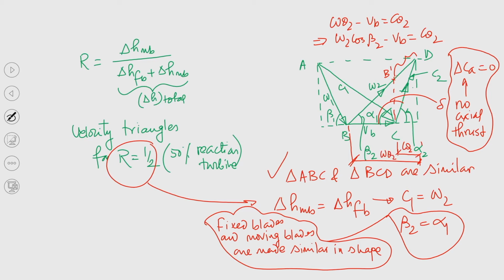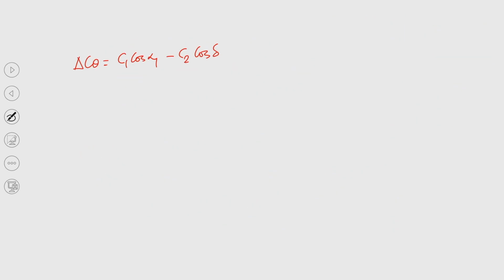So, now if we plug in the value over there, then we can write that C 1 cos alpha 1 minus C 2 cos delta 2 is equal to W 2 cos beta 2 minus V b. If I take the mod value of this, it will be plus, this will be minus.